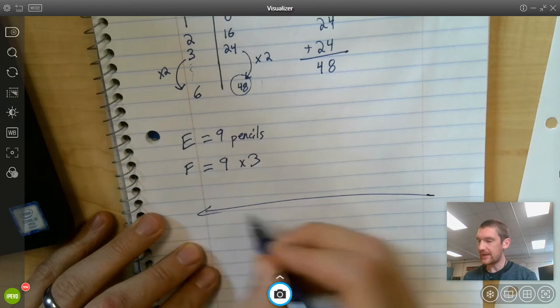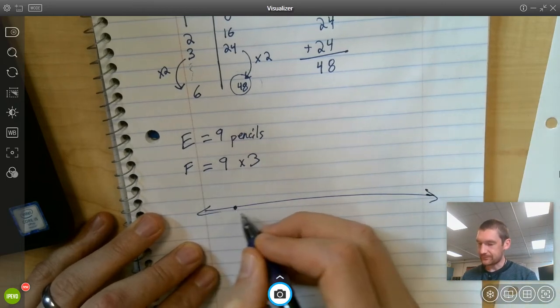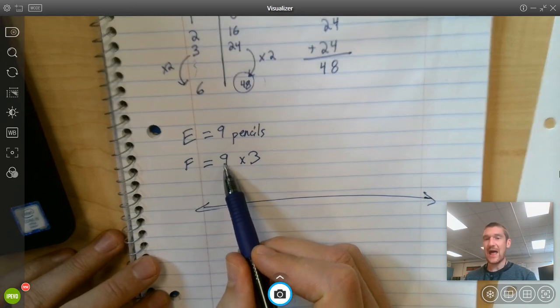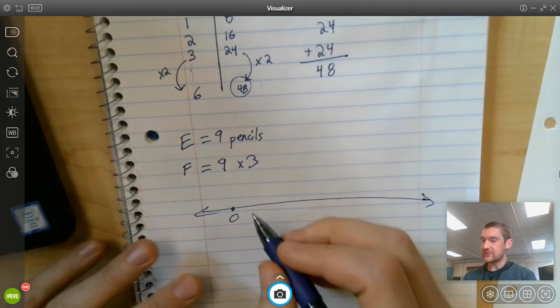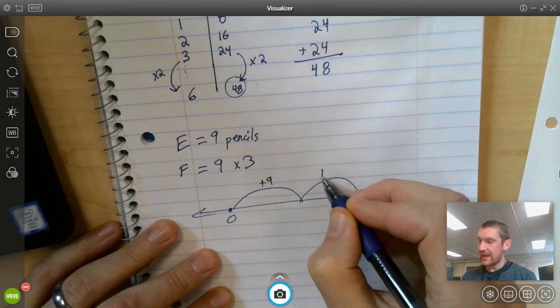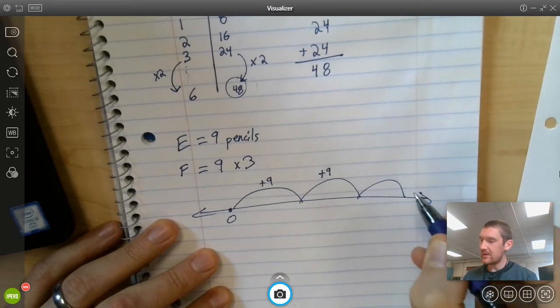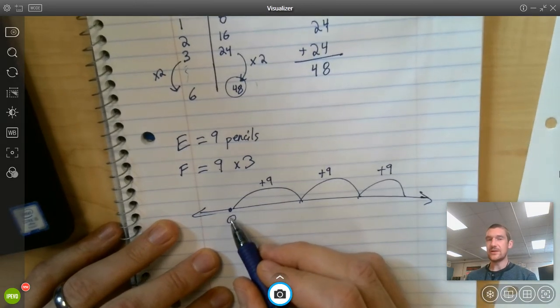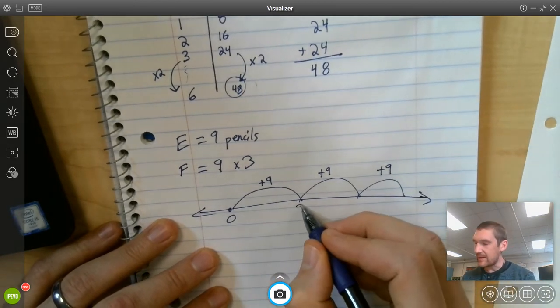So here's my number line. We're starting at 0. We need to add 9 3 times. So that means we're going to add 9 once, add 9 a second time, add 9 a third time. So if I start at 0 and add 9, I'm at 9.